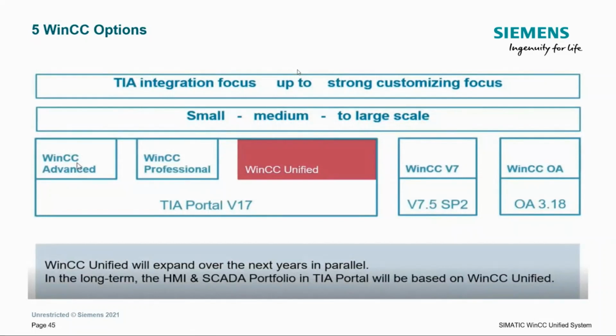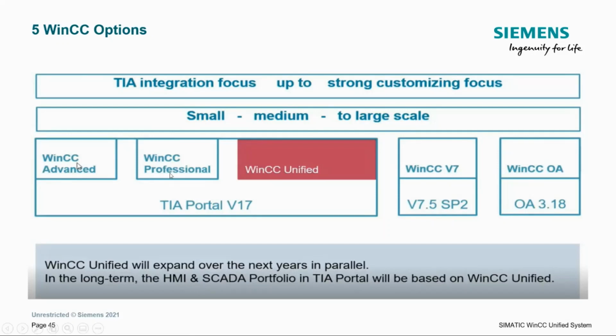Okay, so right now we have 5 WinCCs. On the left side here, sorry about this screenshot with a little thing on it on the mouse. But anyway, WinCC Advanced goes up to a PC itself.